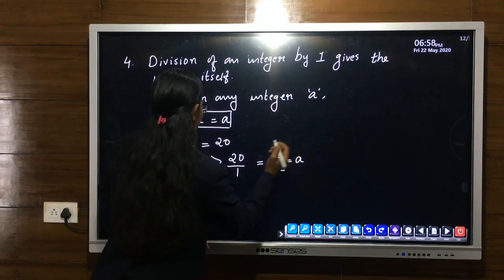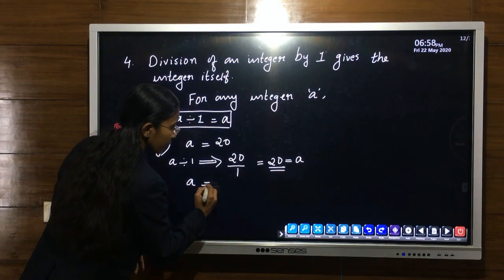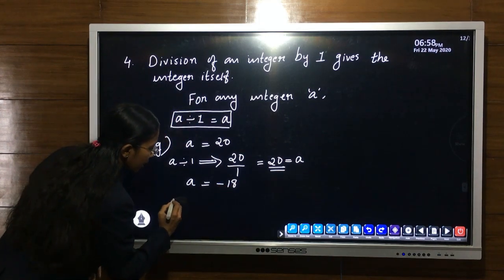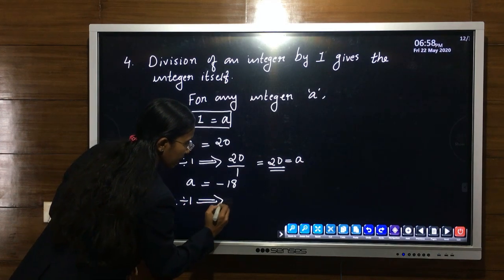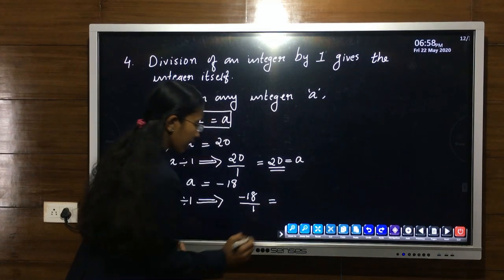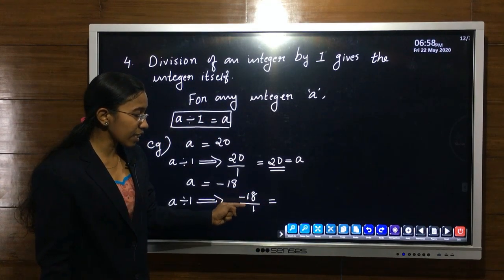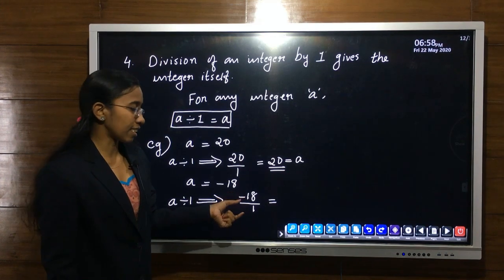Or check with another example. You take a equal to minus 18. Then what is a divided by 1? A divided by 1 implies minus 18 divided by 1. We know that this is the division of two integers. First one is negative and second one is positive, so this is unlike integers.